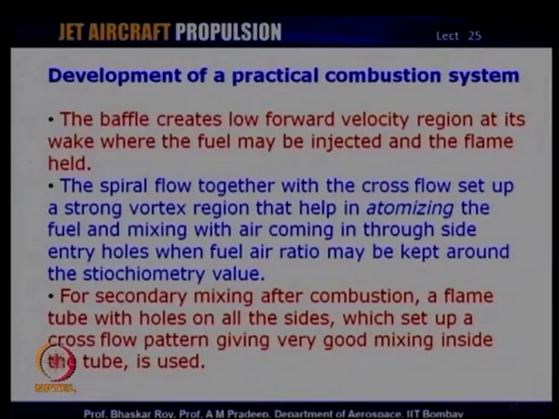The secondary mixing, which takes place after the combustion, is important for uniform distribution of the combustion products and uniform distribution of the heat that is released from the combustion.